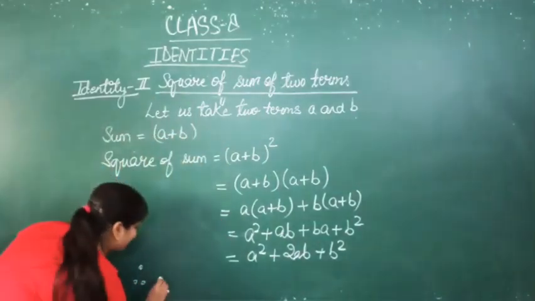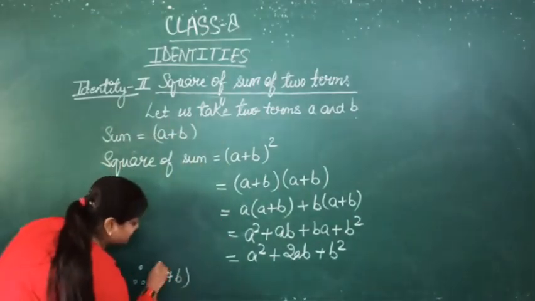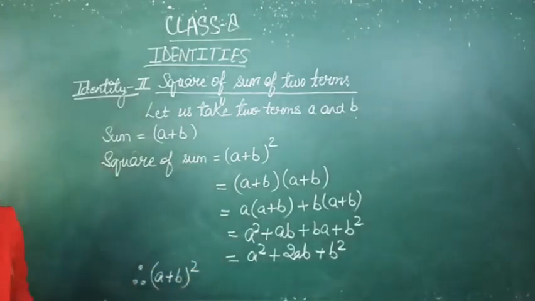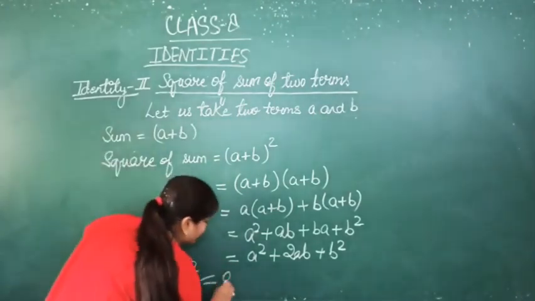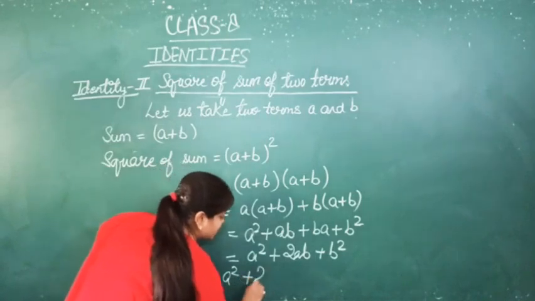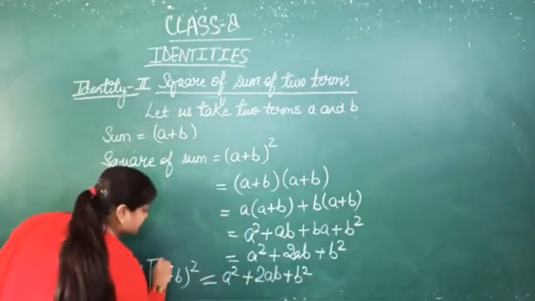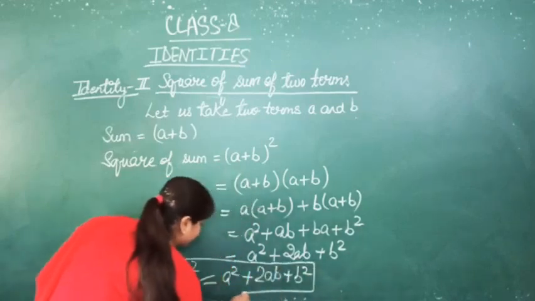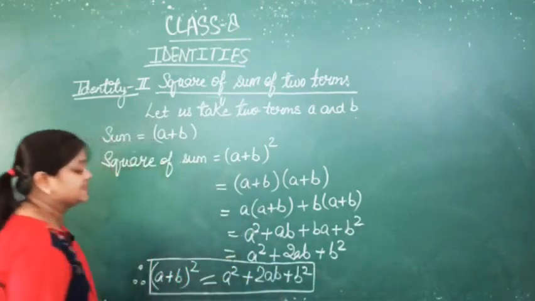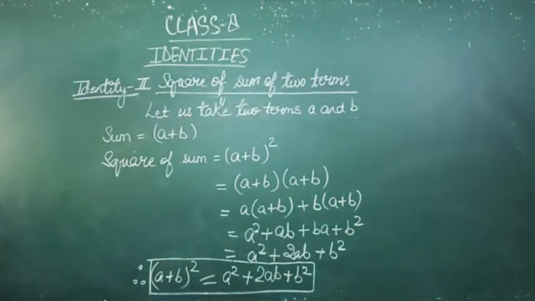Therefore, (a plus b) whole square is equal to a square plus 2ab plus b square. This is our second identity.